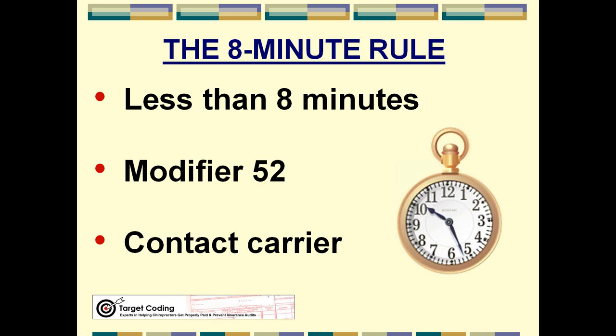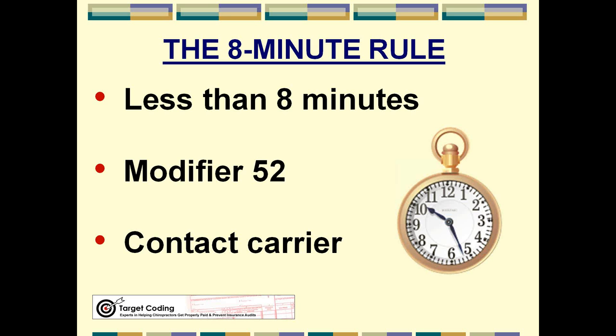I caution you to be careful with modifier 52, which is a reduced service modifier. In my opinion, it could raise a red flag. It tells the insurance carrier that you did not complete the service. Again, it's a reduced service modifier.